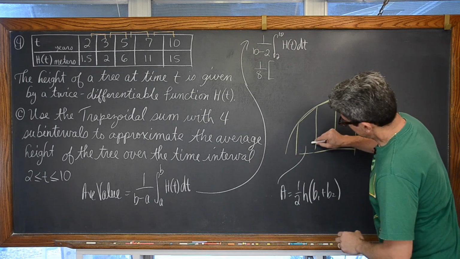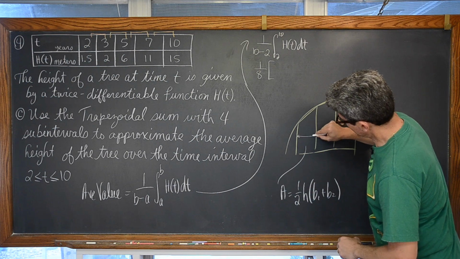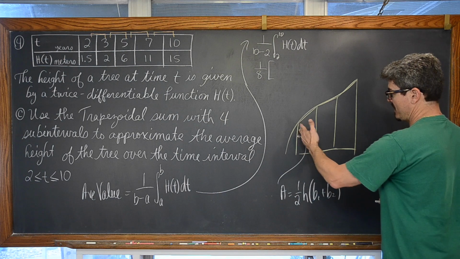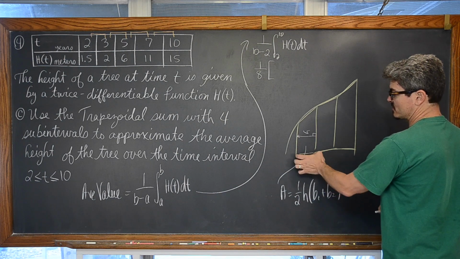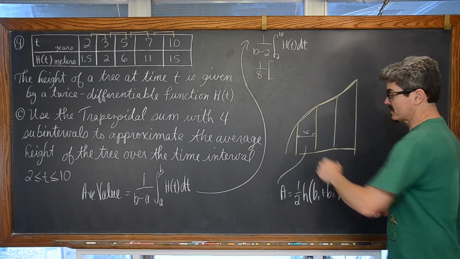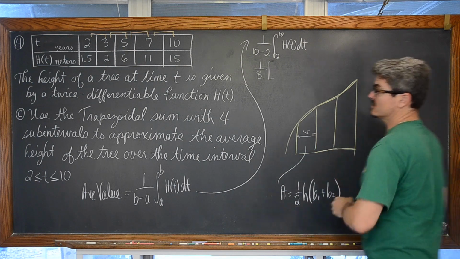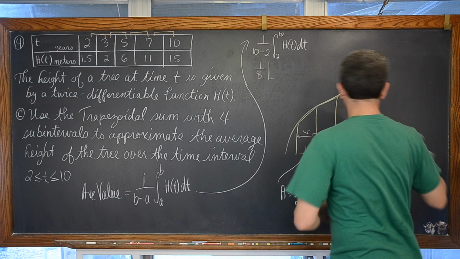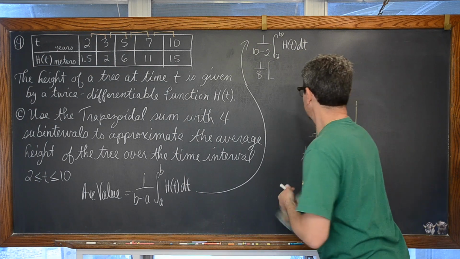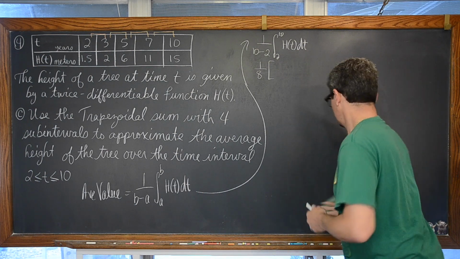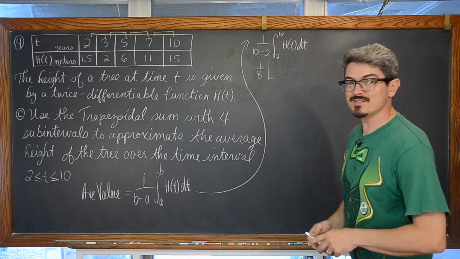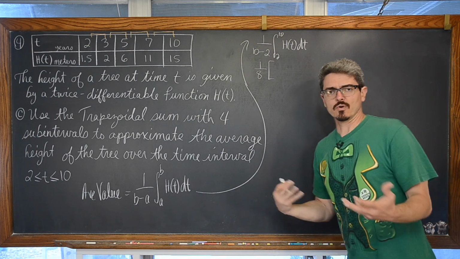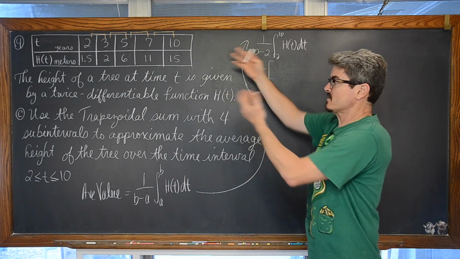Well, the height is the horizontal distance between the bases, so it's going to be a change along the t-axis, and then the bases are going to be the values that we're getting out of the table. And I'm going to do this as if you basically know nothing more than what the area of a trapezoid is, because maybe your teacher didn't hit the trapezoidal sum very hard because of the way it's structured in the AP test.